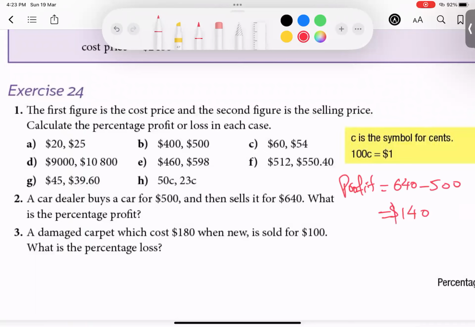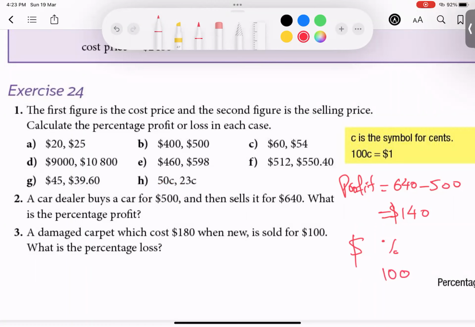Now what is the technique? We can use it to find the profit percentage. We will write two titles here: dollar sign and percentage. I will tell you two techniques. As I said before, cost is always dealt as 100%.